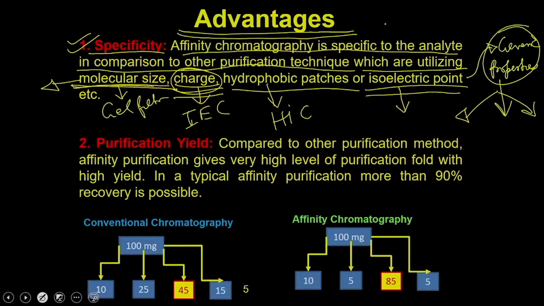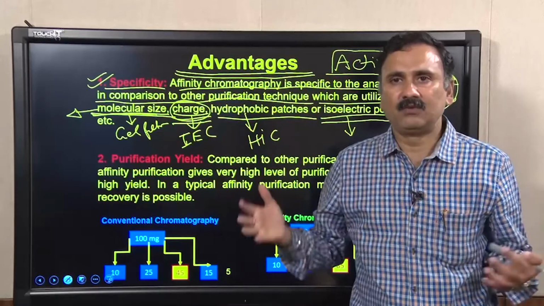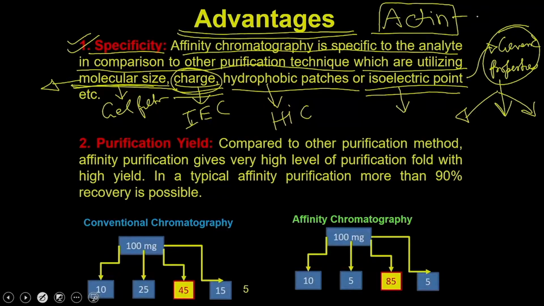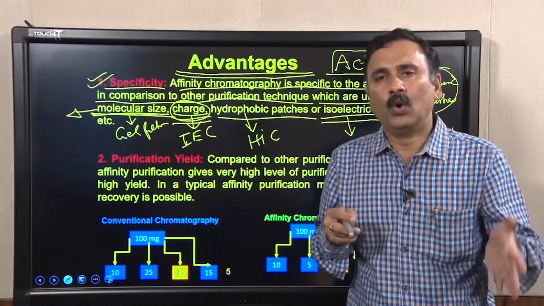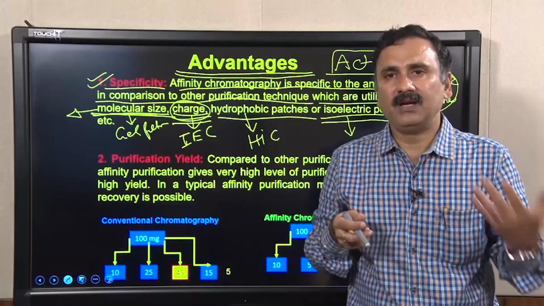For example, if I have to purify actin from a crude mixture, even if I know the molecular properties of actin, what the charge is, what the size is, whether hydrophobic patches are present or not, I cannot purify actin from the crude extract in one go. You might have to utilize multiple of these techniques to get purified actin.